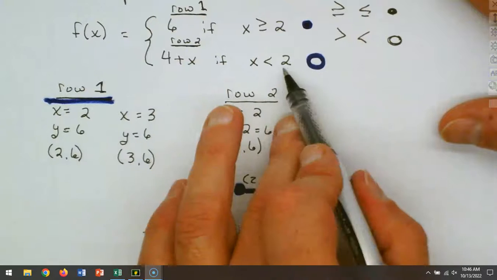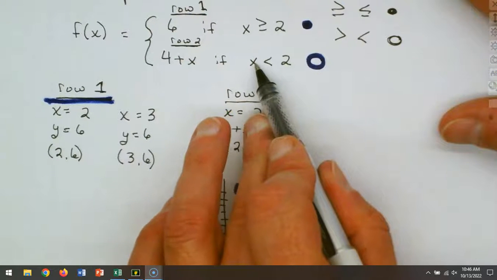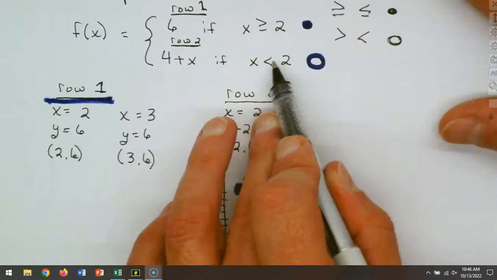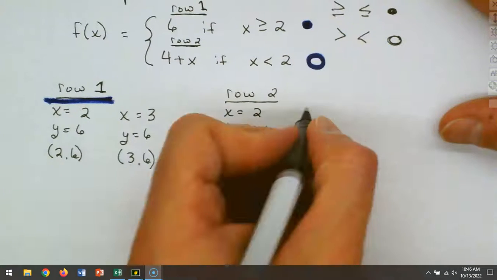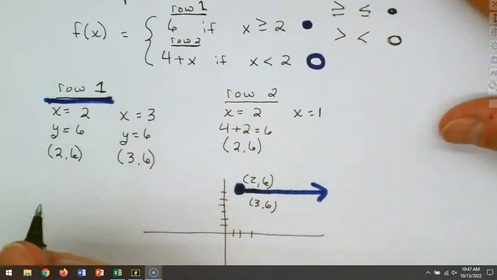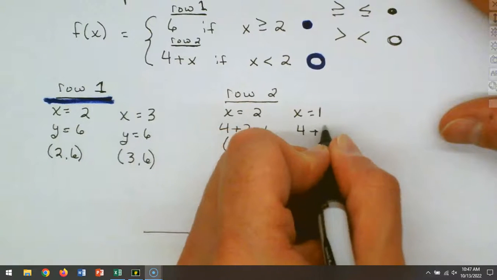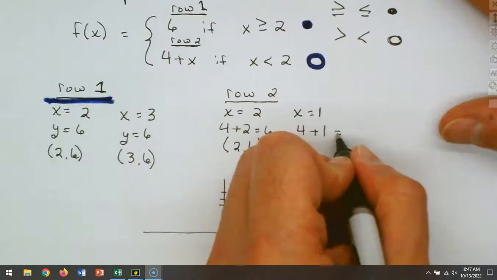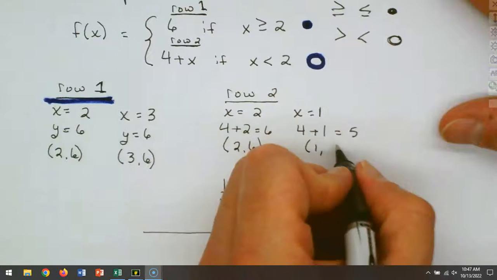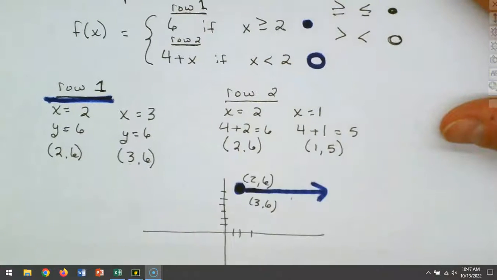What about another value? Okay, this says we want numbers for this row that are what? Less than 2. And you can pick any number that you want. I'm just going to pick 1. 1 is less than 2. If I plug in 1, I get 4 plus 1, which is then what? 5. So that's now the next ordered pair, (1, 5).